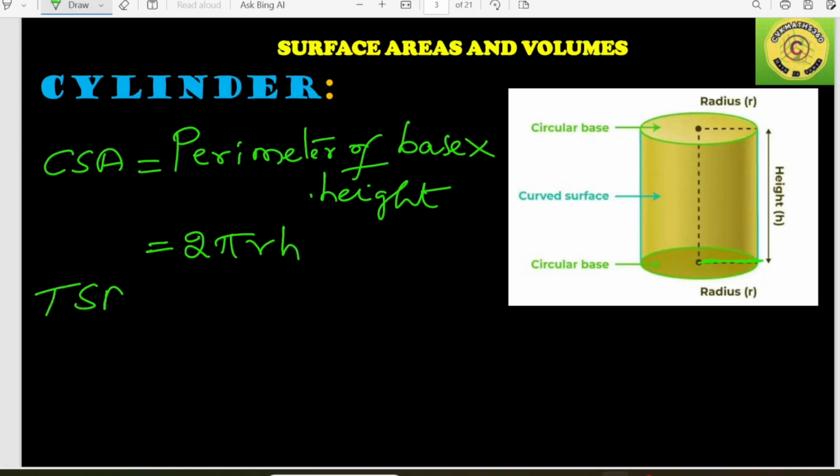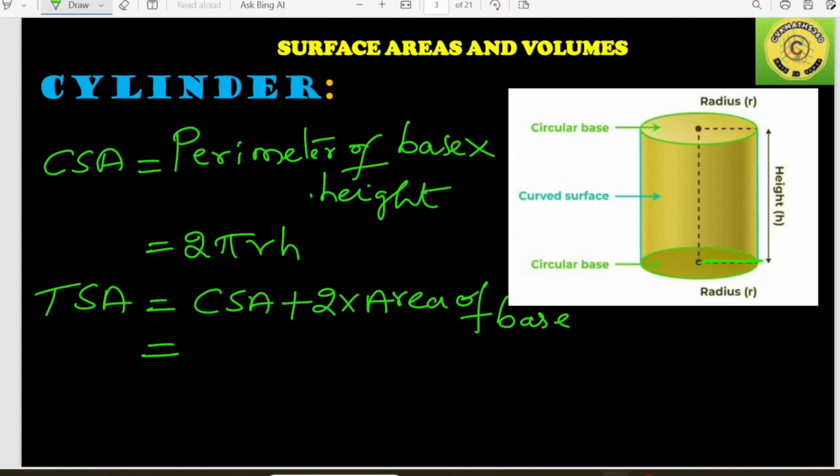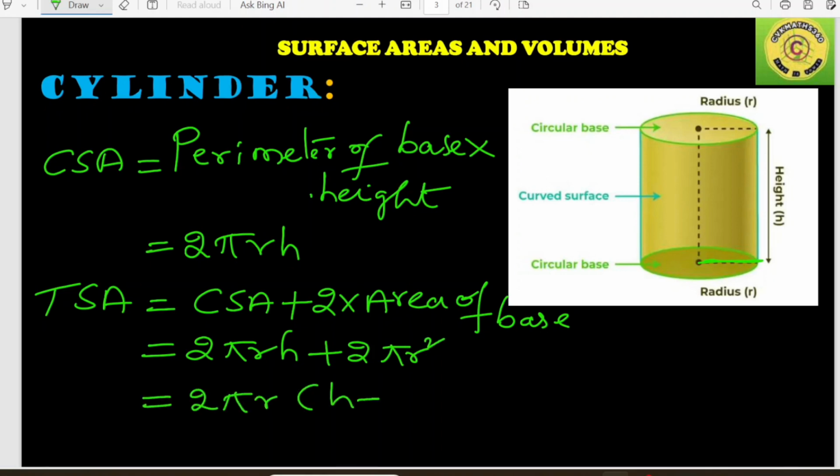And TSA is nothing but CSA plus 2 into area of base. CSA will be 2 pi r h plus 2 pi r square, as the area of a circle is pi r square. If I take 2 pi r common, we get 2 pi r into (h plus r).